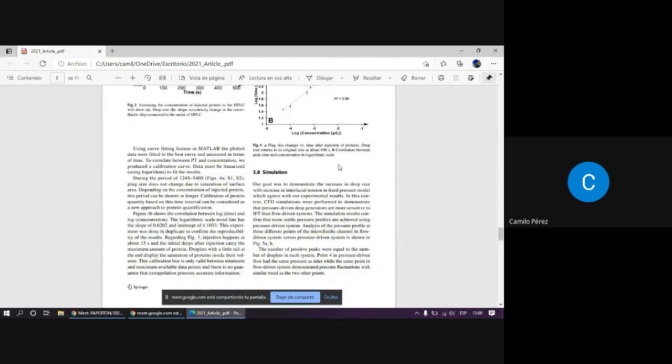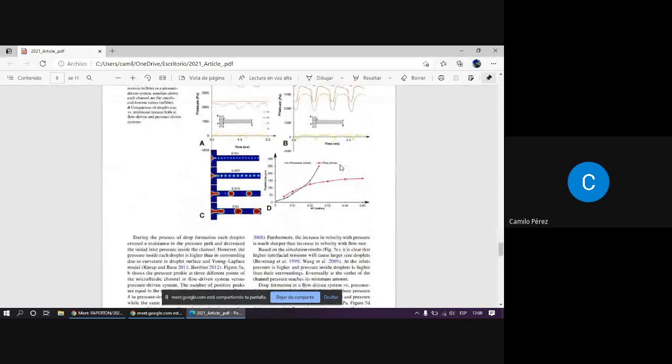And this classification is to understand how to make droplets, depending on the concentration.